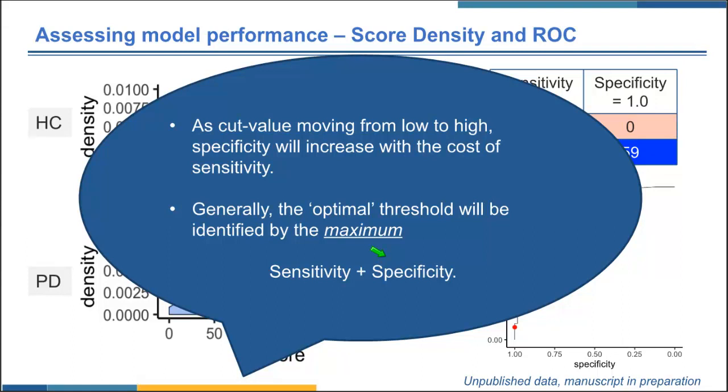And if the threshold is really high, it's quite the opposite. The model thinks everyone is healthy. So for healthy people, that's right. But for PD patients, the model makes a mistake. So we want to find a trade-off between the sensitivity and specificity. That's when we define the optimal threshold as the maximum sum of sensitivity and specificity.